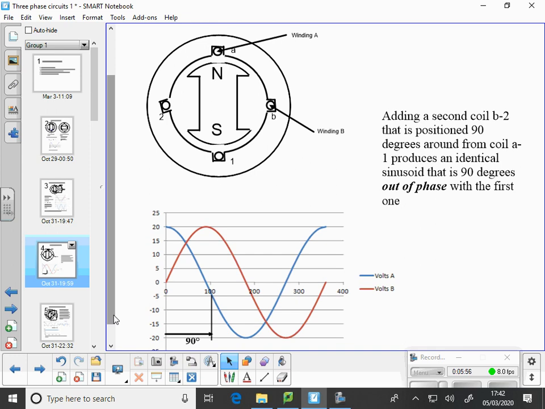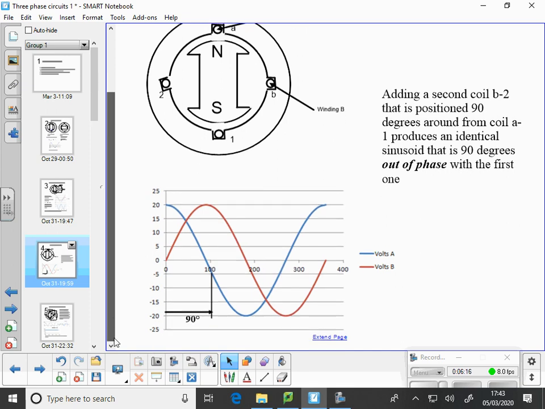So what we've got now is one phase that is a sine wave, and the other phase is a cosine wave, which is 90 degrees out of phase. The blue one is volts for the A coil, and the red one is volts for the B coil. All happy with that?